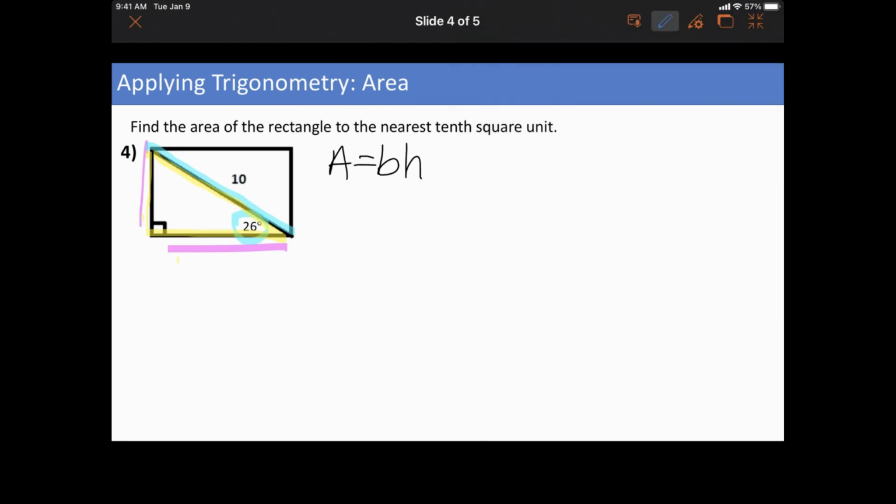Right? So if you're given an angle, it's a right triangle, and you're given at least one side, you can use trigonometry. Now, because I need both the base and the height, right? I need this and that. I'm going to have to use it twice. So I'm going to write two separate trig equations for that.